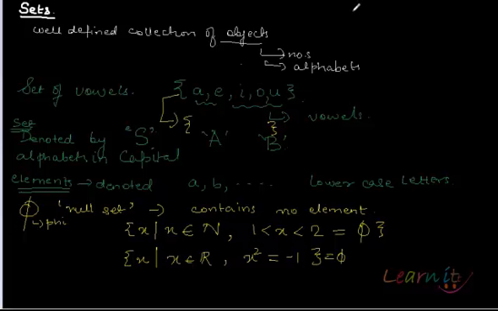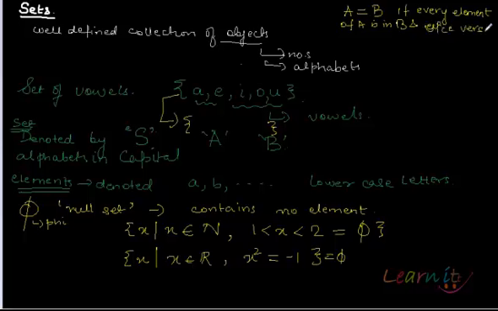Sets are called equal, A equals B, if every element of A is in B and vice versa.